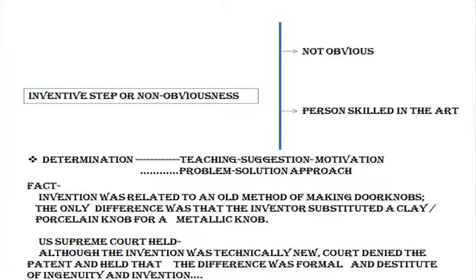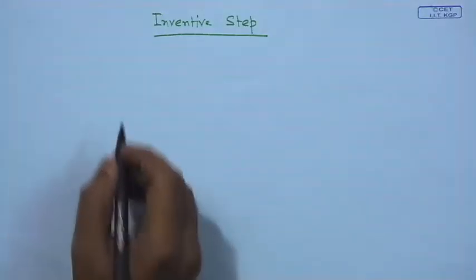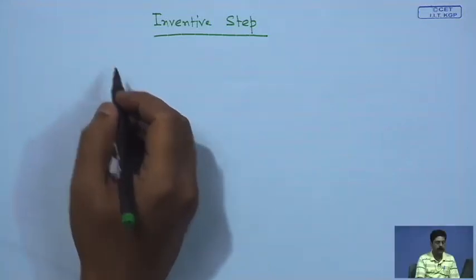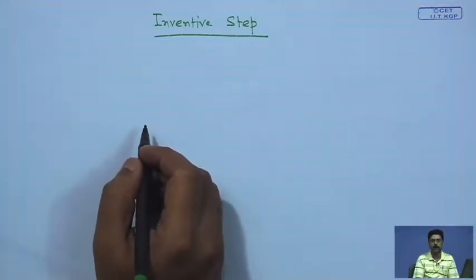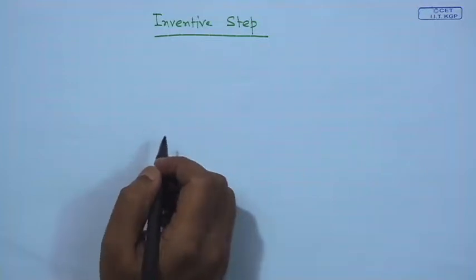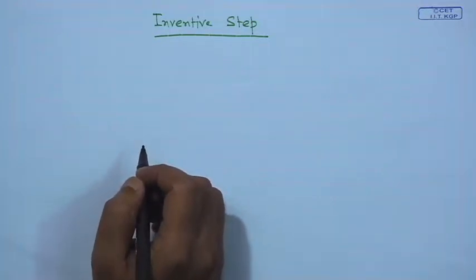Courts have adopted different tests from time to time, because it is very difficult to put up an objective criterion to determine the inventive step. It is very easy to create a criterion for novelty, because if I have a document which gives all the features of the invention, then it will not be considered novel, as those features were available prior to the filing of the patent application.